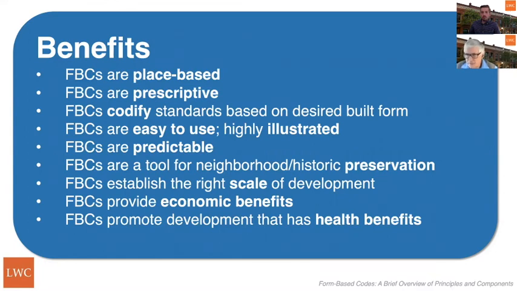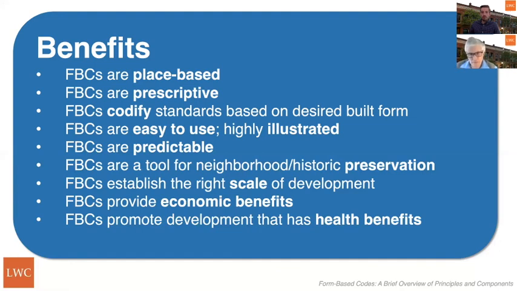And it's that predictability of the desired built form that makes them useful, because developers know what they can expect to build. Neighborhoods understand what will result of that building being constructed through the code. They become useful as a tool for neighborhood and historic preservation, because the standards in the code are derived from the place where that code will be applied. So you're not going to land up with buildings that are out of scale with surrounding neighborhood developments.